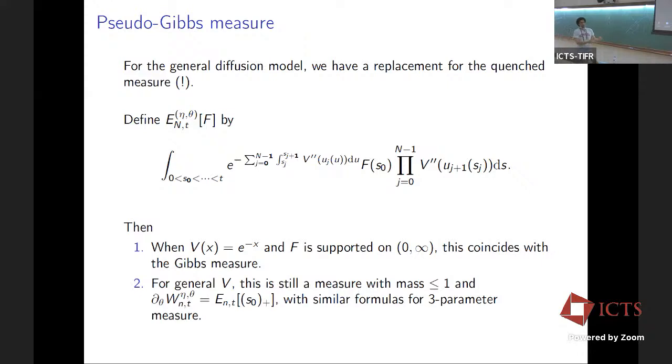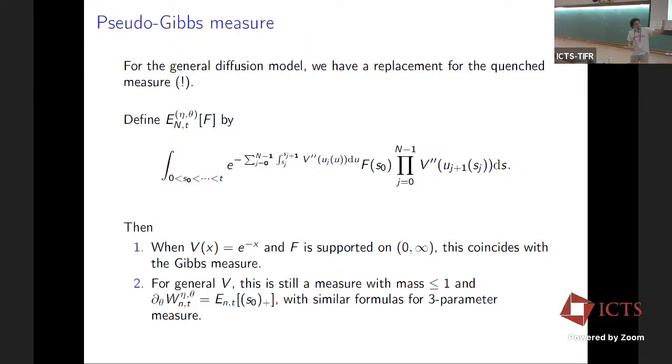And what are the features we need from this? If we take a function f, from this random functional, we call it the Pseudo-Gibbs measure. If we apply it to a function f that's supported on 0 infinity, then this coincides with the Gibbs measure. In the O'Connell-Yor case, in general, it's not really a measure, and if you start differentiating it twice, then you don't get covariances.